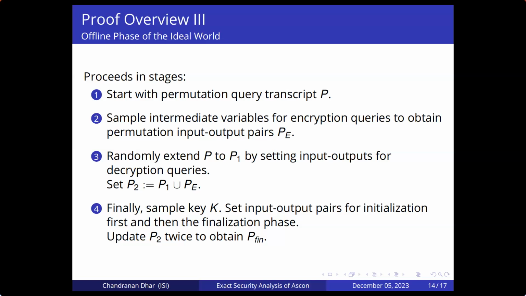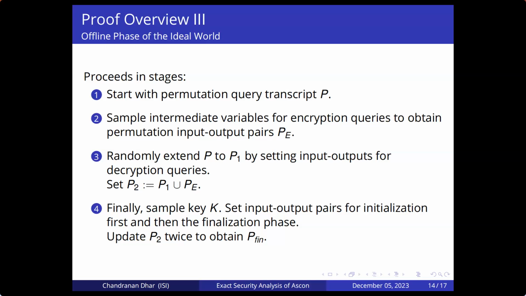Correspondingly, we update P2 twice to obtain what we call P-fill. P-fill, along with the inputs and outputs of encryption queries and decryption queries, gives us our extended transcript.